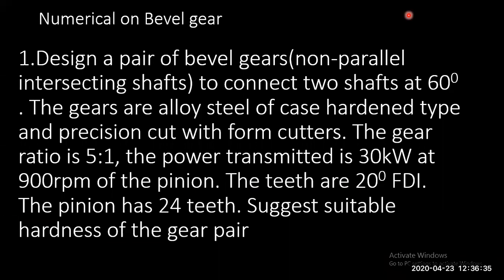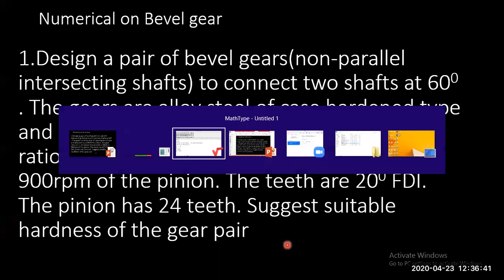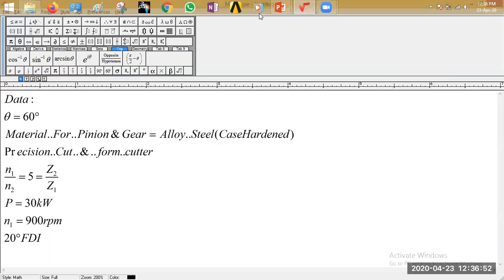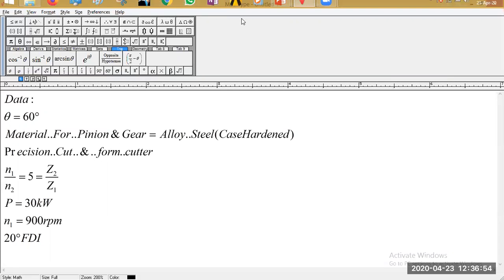FDI means it is a full depth involute, right? So 20 degrees full depth involute type.